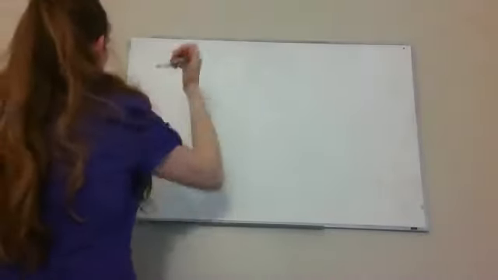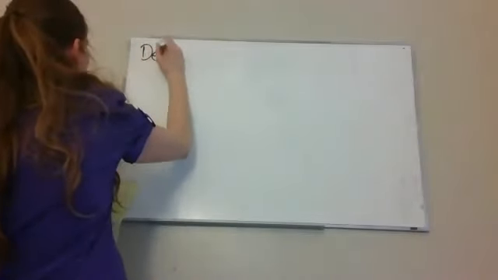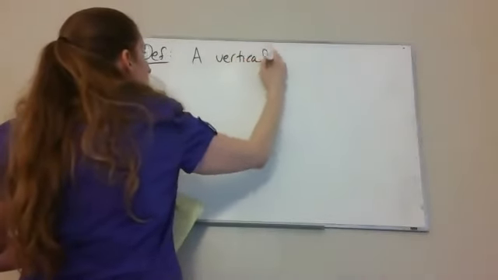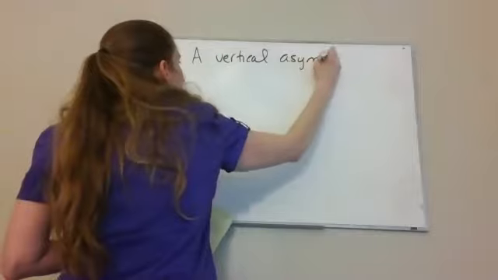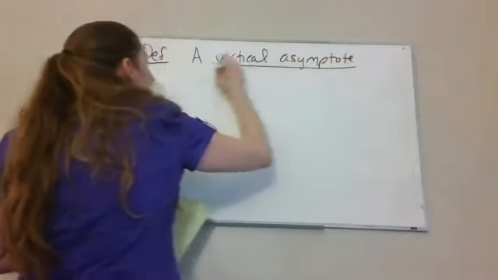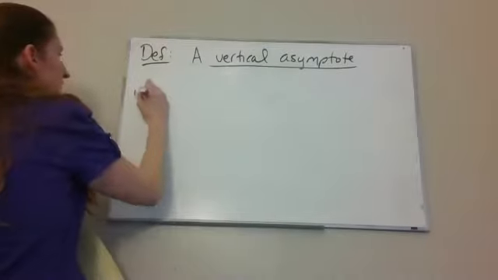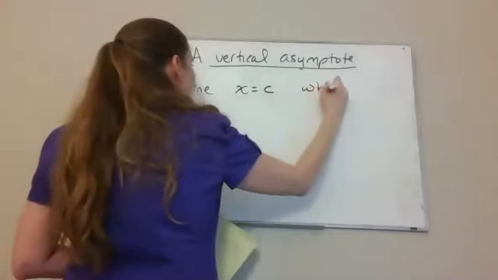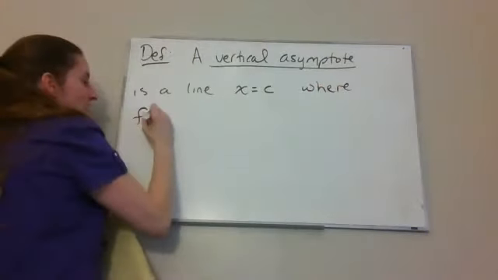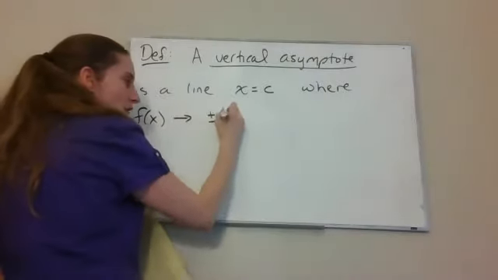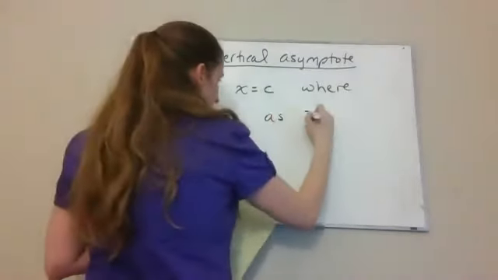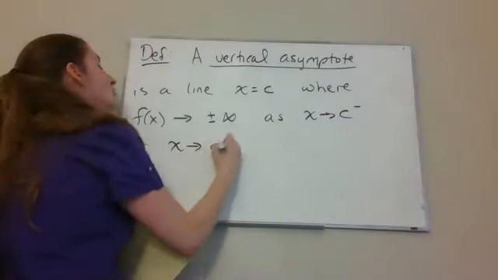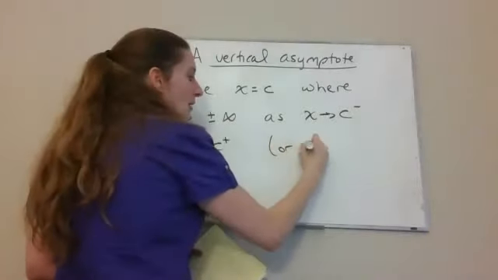So here's a definition of a vertical asymptote. A vertical asymptote is a line x equals c where our function approaches either plus or minus infinity as x approaches c from the left or x approaches c from the right or both.